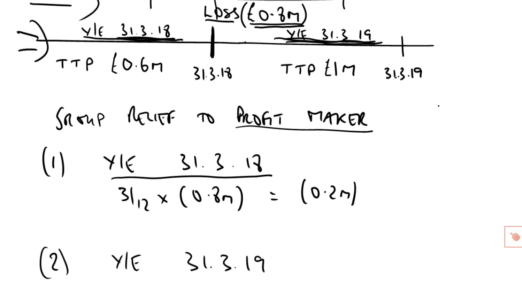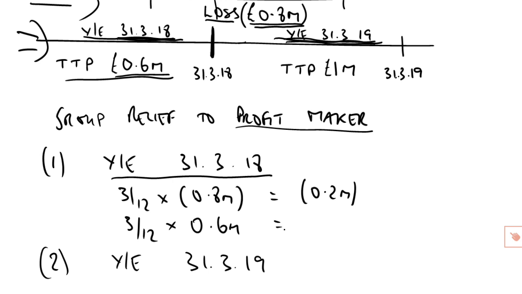So not only must we time apportion the loss-making period in terms of the loss available, that is 0.2 million, but we've then got to look at the profit-making period as well. The TTP for the profit-making period of the year ended March 18, as you can see, is 0.6 million.